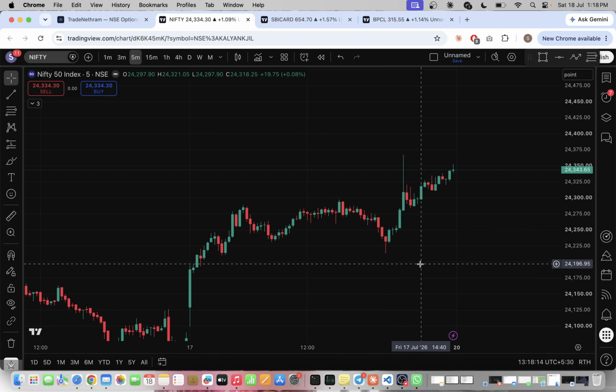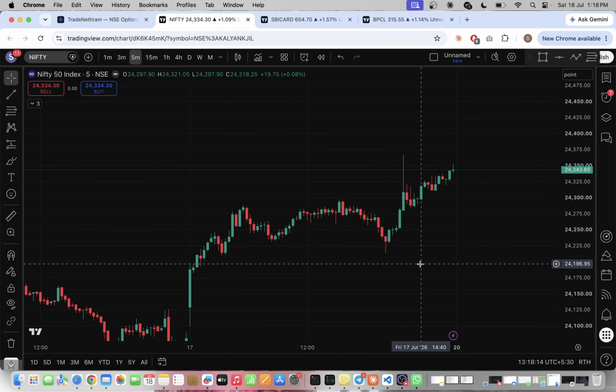So I waited, and here in this afternoon session at 3:15, it took the day's swing low. Here this swing low has been taken out. I did not enter in the Nifty, but I entered in the Sensex. Now I made an entry at this candle when the high of this red candle broke.